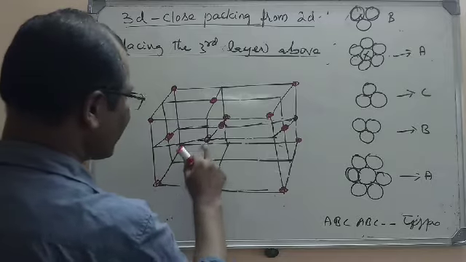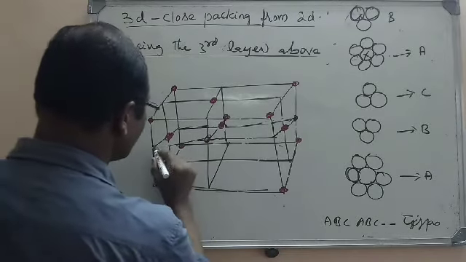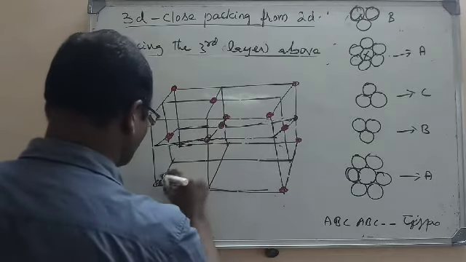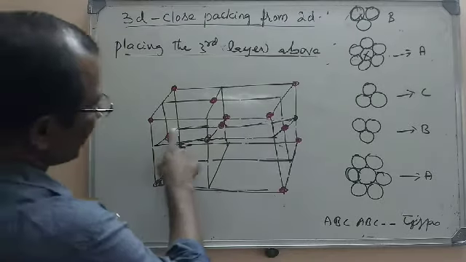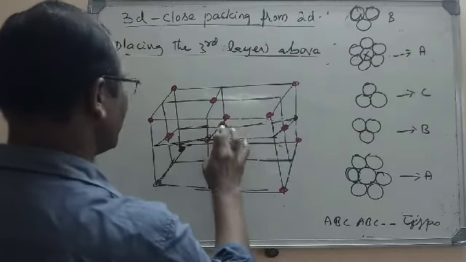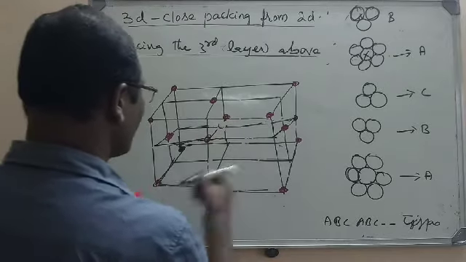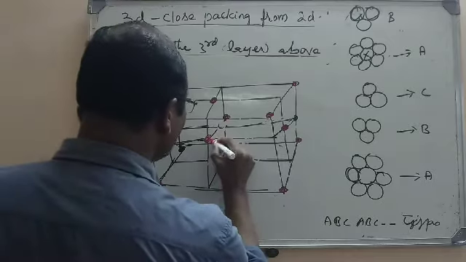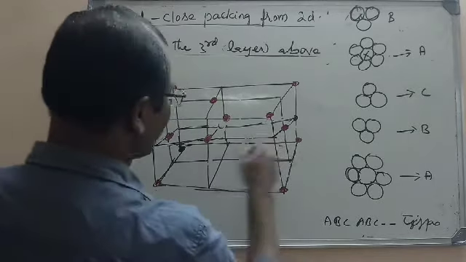While drawing the second one, what I am telling is, look here, 1 point and 2 points here. We are taking 2 points here, and here 2 points, and here again 1 point.